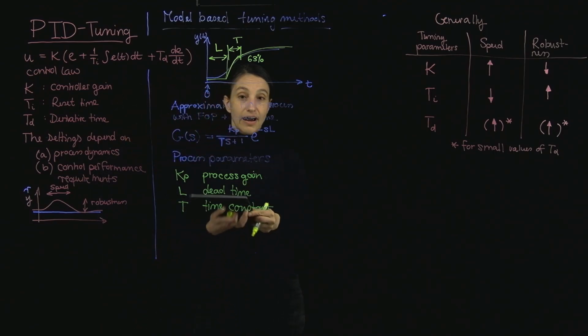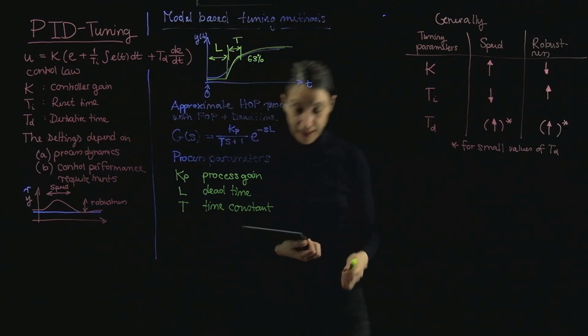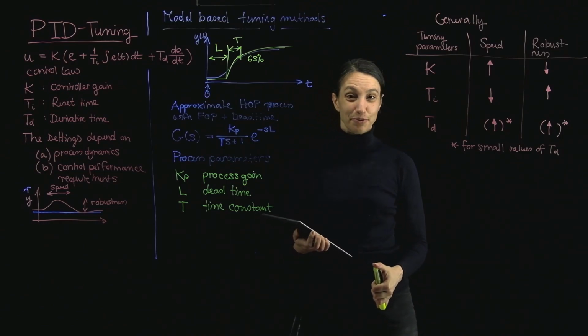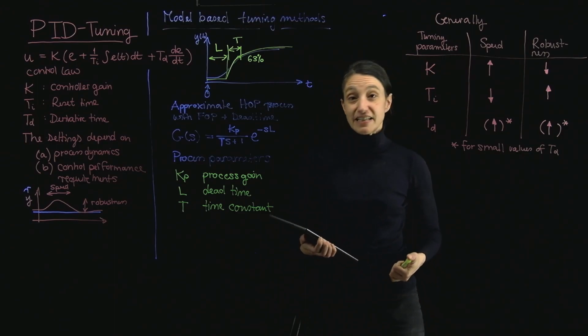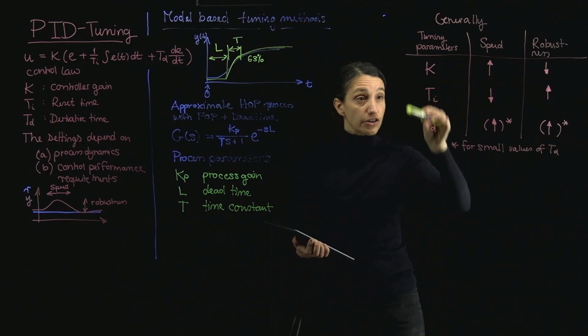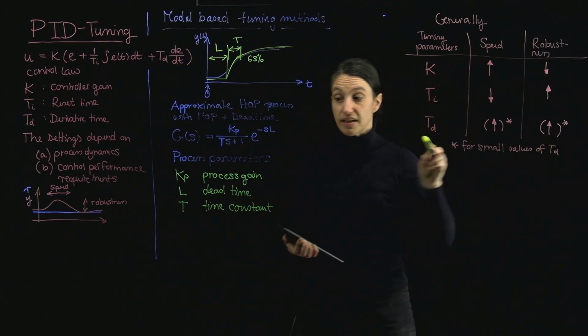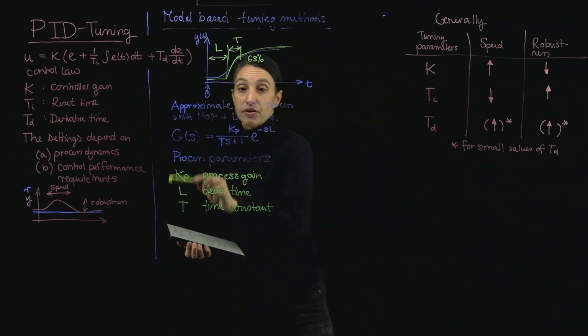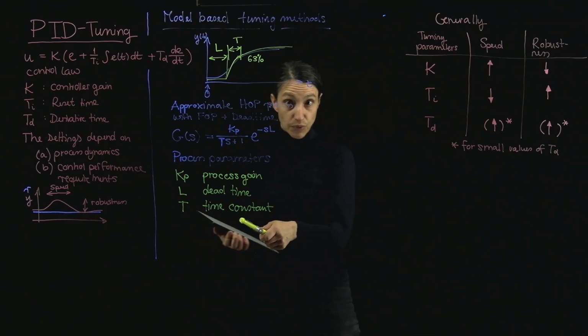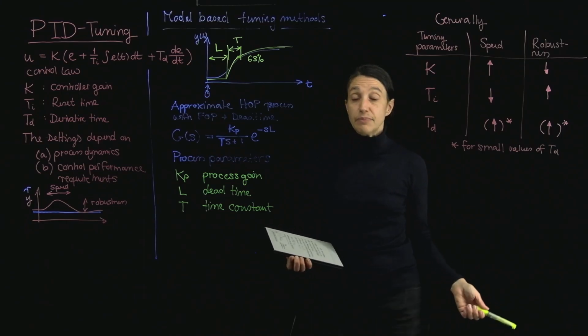Okay, so now there are many tuning rules that are effectively lookup tables where you can figure out what Kp, Ti and Td are based on the process model. And you could have a different process model. The most common process model is this one here, first order process plus dead time, but you could have a different one.